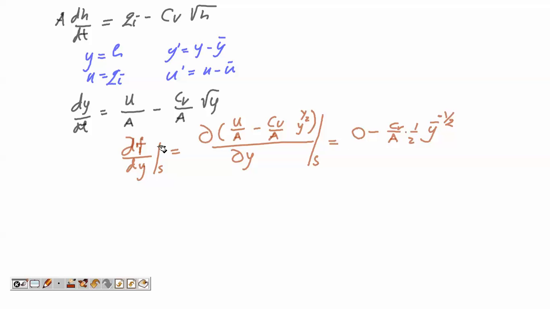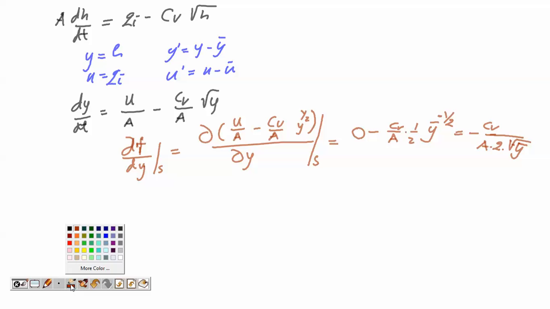So the derivative of f with respect to y at steady state, meaning at y and u steady, is now minus Cv over A times 2 times square root of y bar. So remember y bar, because at steady state.